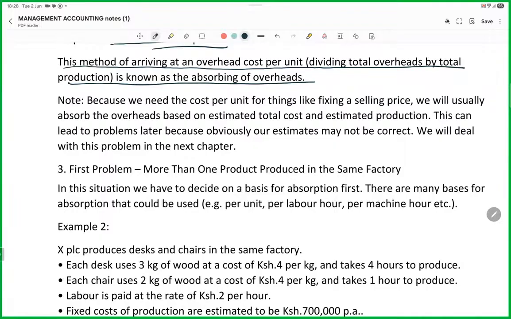Because we need the cost per unit for things like fixing a selling price, we will usually absorb the overheads based on estimated total cost and estimated production. This can lead to problems later because obviously our estimates may not be correct. We will deal with this problem in the next chapter. You'll be able to see in the next chapter, we will be talking about overheads quite a lot.